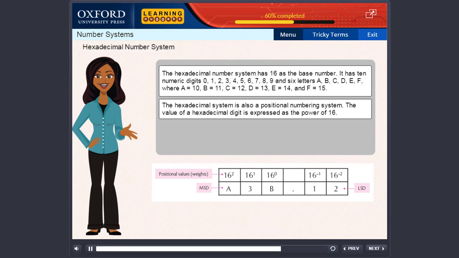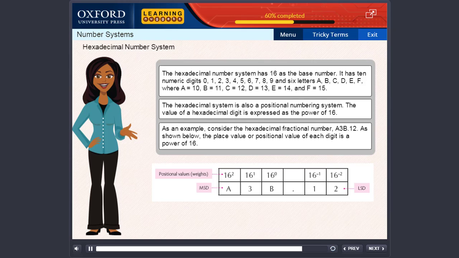The hexadecimal system is also a positional numbering system. The value of a hexadecimal digit is expressed as a power of 16. As an example, consider the hexadecimal fractional number A3B.12. As shown below, the place value or positional value of each digit is a power of 16.